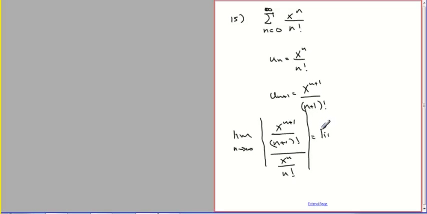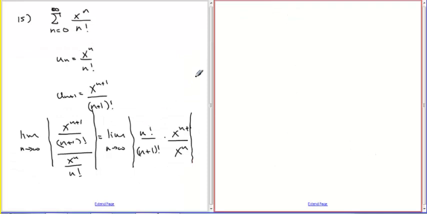And then we take the reciprocal of the denominator here, and then we arrange them. So I'm going to put the factorials together. So you get n factorial divided by n plus 1 factorial. And then we get x to the n plus 1 divided by x to the n. So we simplify, and so the first ratio becomes 1 over n plus 1.